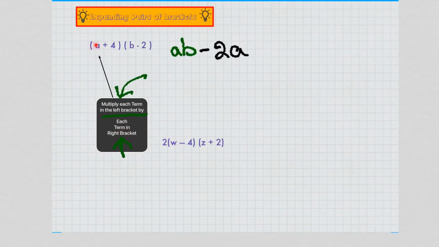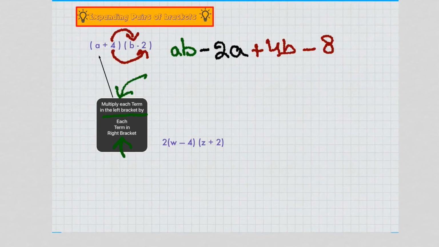I've got to do now the same with this second term. So 4 times b is plus 4b, and now 4 with minus 2 is minus 8. So that's how you expand a pair of brackets.